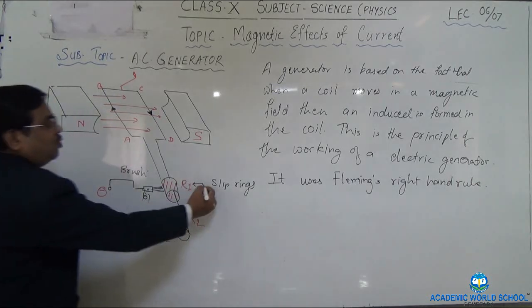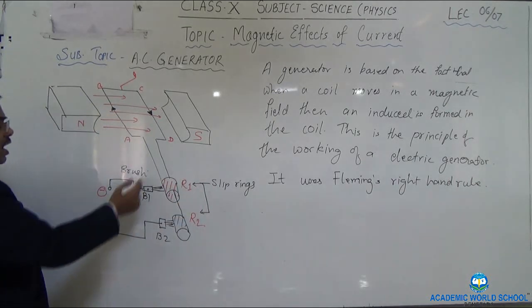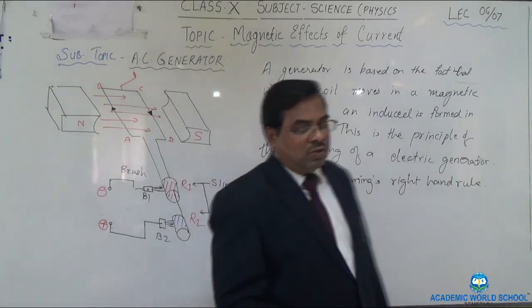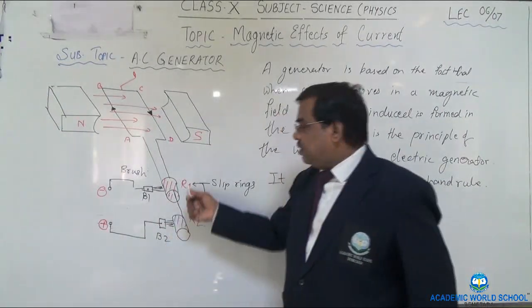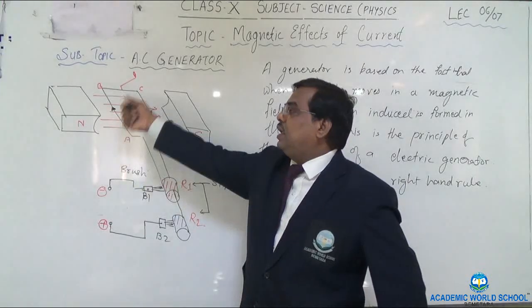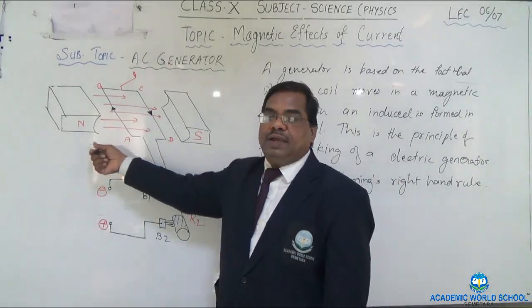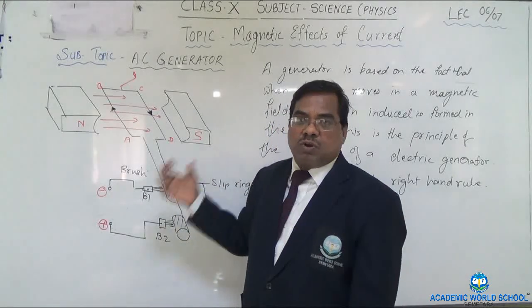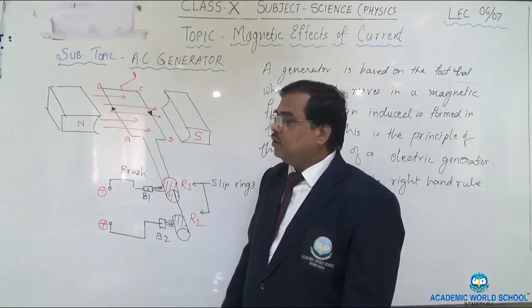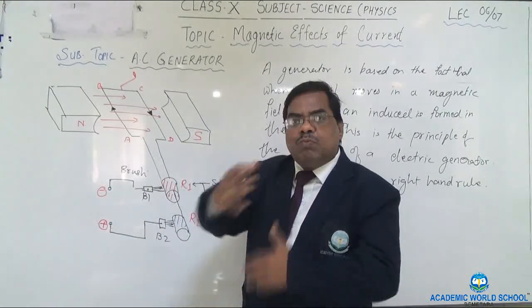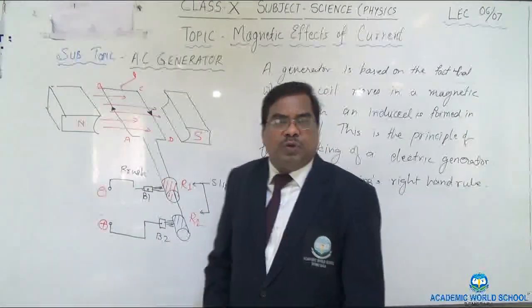R1 and R2 are the slip rings and B1 and B2 are the carbon brushes. So brushes, rings, one rectangular frame armature, and a pair of magnets to produce a strong magnetic field.